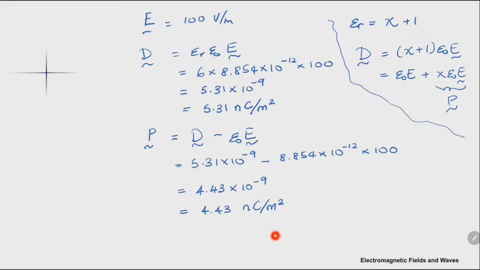Okay, you can see why they are the same, because epsilon R doesn't have a unit. We have epsilon naught times the electric field. Here, my polarization against this parameter chi here doesn't have a unit. It's also epsilon naught times the electric field. So they are of the same units.